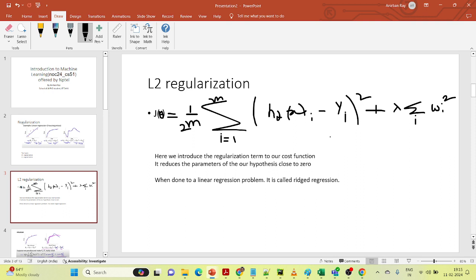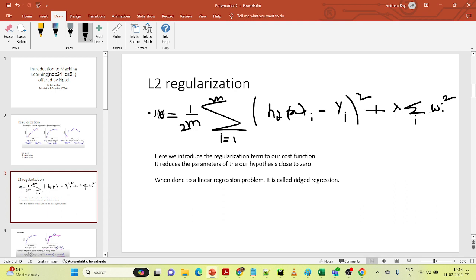L2 and L1 are both used in every problem actually: regression, logistic regression, linear regression, neural networks, everywhere. So the idea is, given a cost function, this is for a linear regression squared error cost function, just add this term.